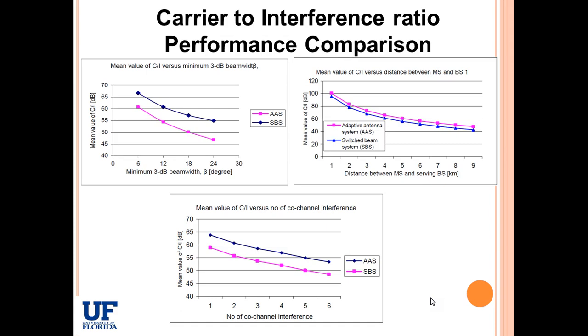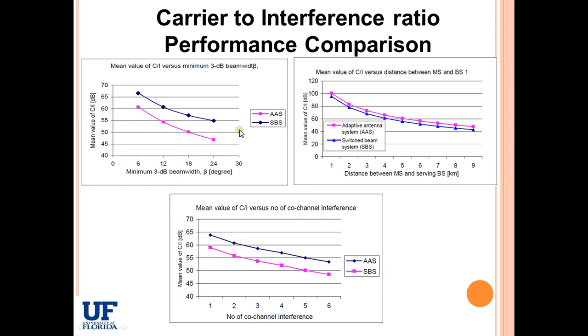For my project, I analyzed the smart antenna systems in a number of ways. The first one is the carrier to interference ratio performance comparison. If you look at this diagram, for instance, you realize that with the mean 3 dB beam width, if you are comparing the mean value of carrier to interference ratio, it is observed that the switched beam technique actually performs better than the adaptive array technique.